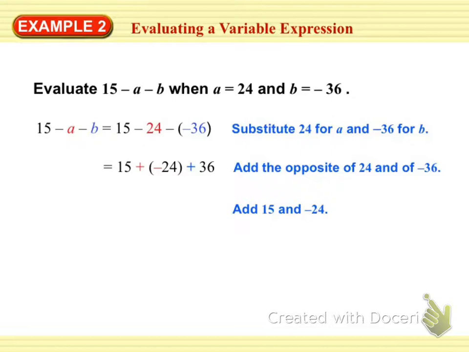You could also work left to right and find the difference of 15 and 24, which would be a negative integer, and then do that with the 36. But in the end, you'll get the same answer, 27. I like to group my forces together. At this step, I like to find the positives and add them all together and then deal with the negatives.